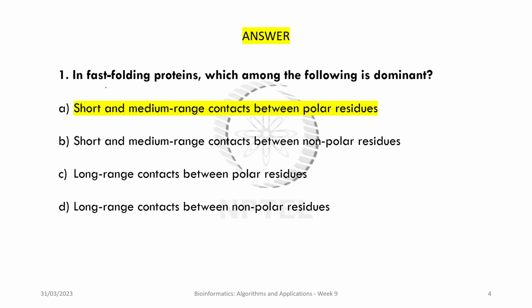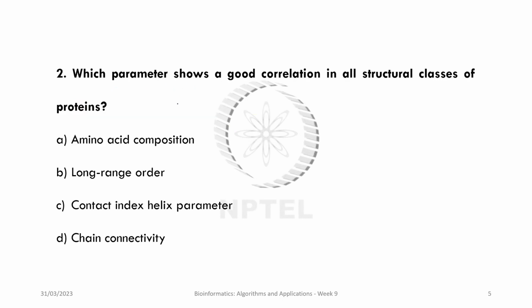Fast folding proteins. Alright. Question 2. Which parameter shows a good correlation in all structural classes of proteins? Amino acid composition, long range order, contact index, helix parameter, and chain connectivity.